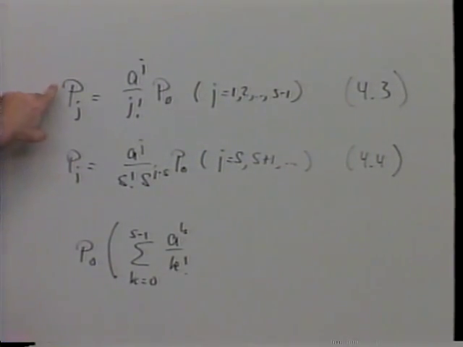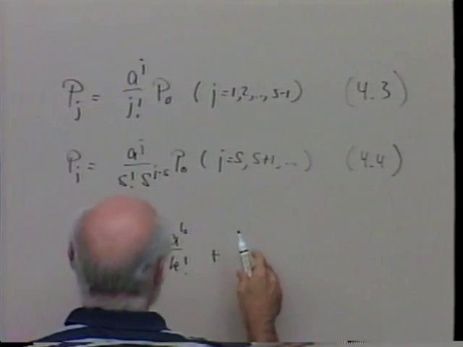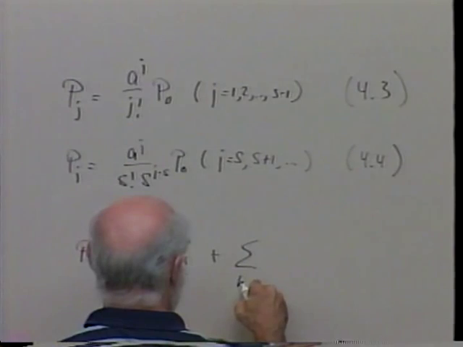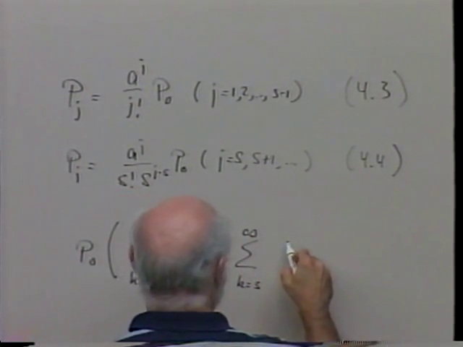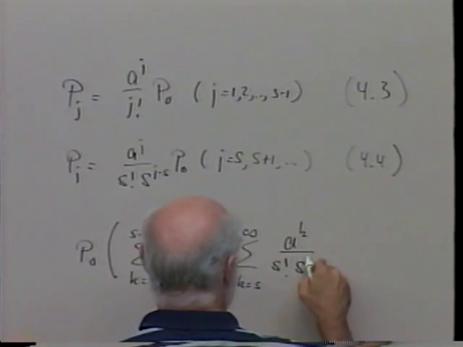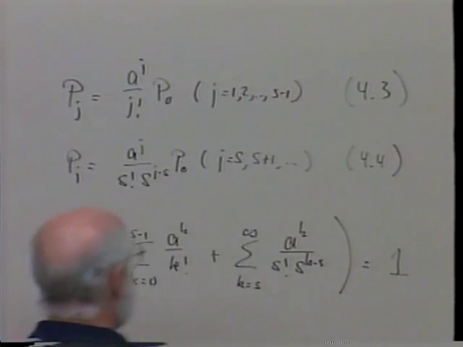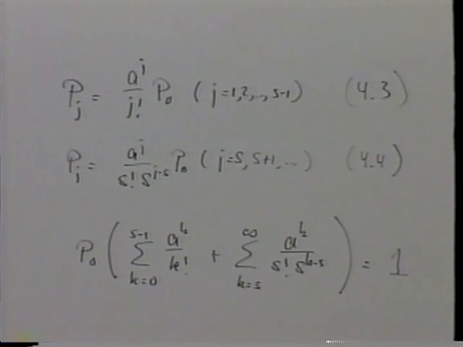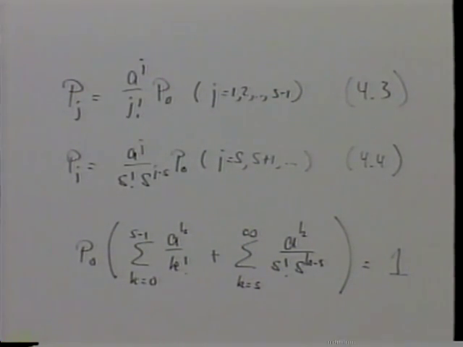That takes care of adding up all probabilities of this form, including the 0th one, plus the sum as k runs from s to infinity of A to the k over s factorial times s to the k minus s. And all of that has to add up to 1. So that means that P0 is the reciprocal of the thing in parentheses.